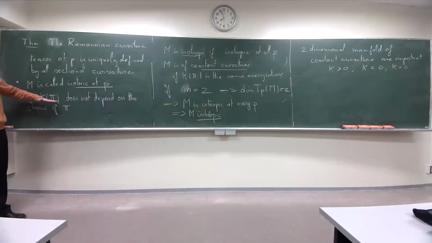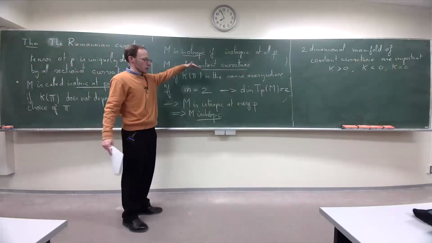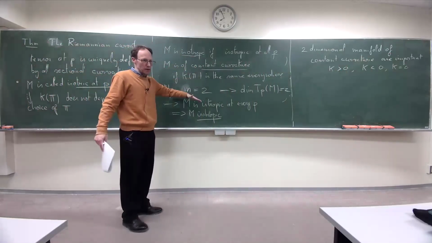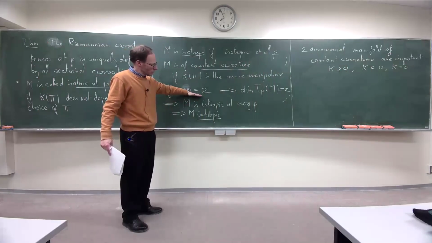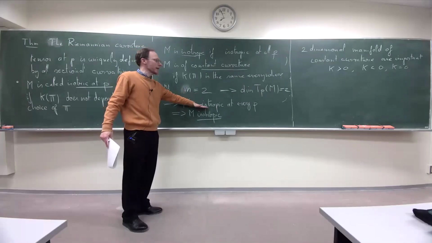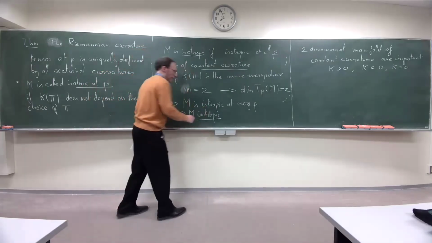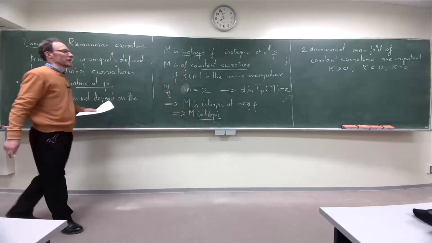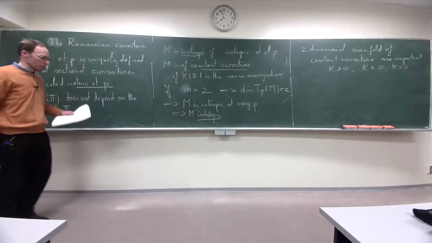Then we gave a definition of what it means to be isotropic at P, isotropic globally, and of constant curvature for any dimension. But then in dimension 2, of course, it's isotropic at every point, and therefore it's isotropic. And in the special case of constant curvature, they play a role.